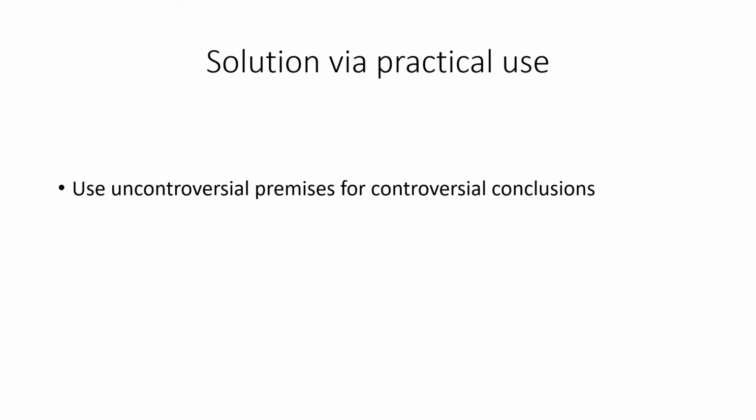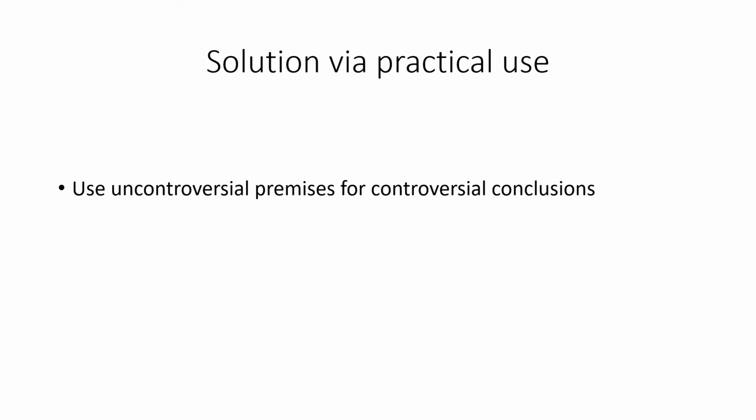So a solution I tend to use regarding our practical use of sound arguments is that with both parties, we should be giving them a sound argument, and also a sound argument for each premise which may be in dispute, until we get to a point where the premises used in the argument are uncontroversial to both parties.